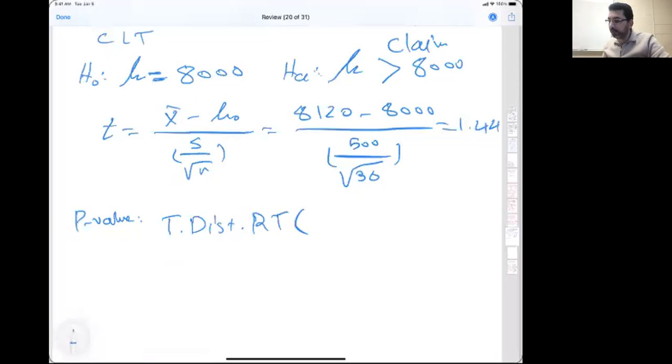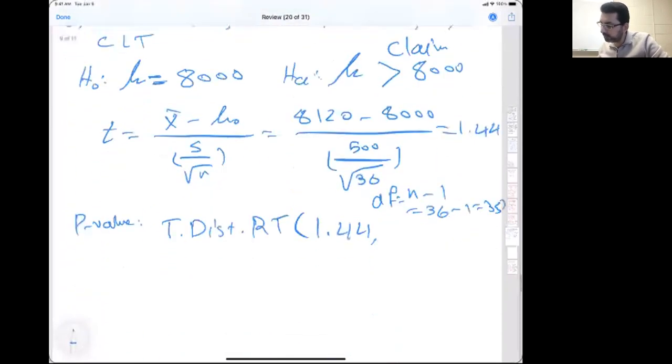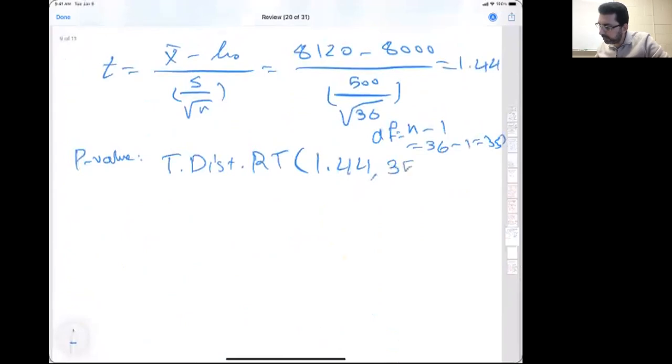Then you put here the value of the test statistic 1.44 and the degrees of freedom. We didn't calculate the degrees of freedom, so df is equal to n minus 1. So we have 36 minus 1, so it's 35. Is it 36? Yes, 36. So we have here 35. Don't forget the equal sign before it.